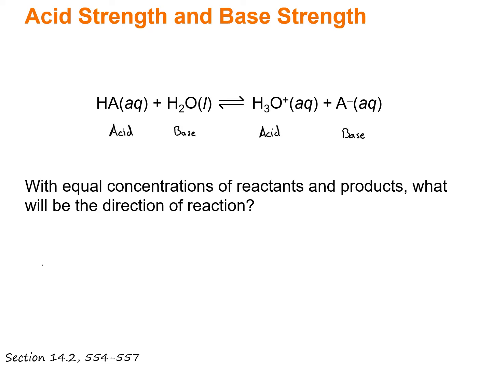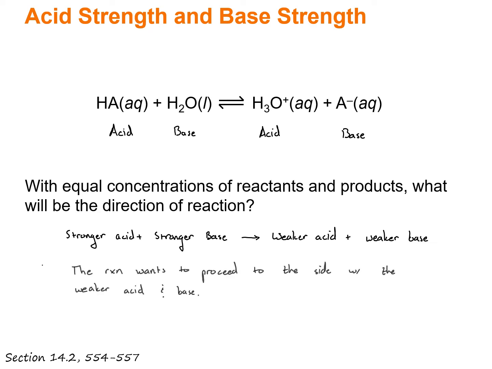So in this problem, we labeled the acid base on the left and the acid base on the right. And if we are looking at this, what we're typically saying, just as I mentioned earlier, is a stronger acid plus a stronger base typically is going to yield a weaker acid and a weaker base. And so the reaction in that case is going to want to go to the right.